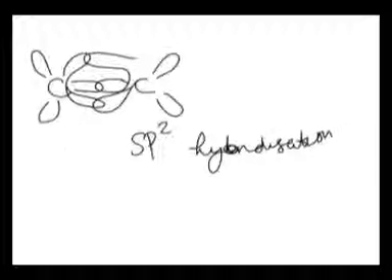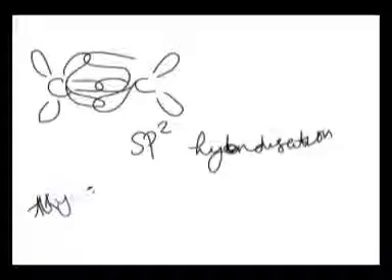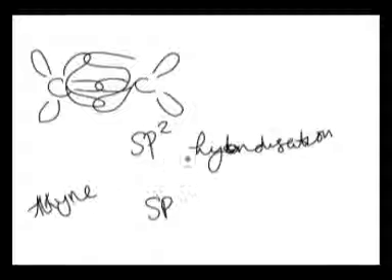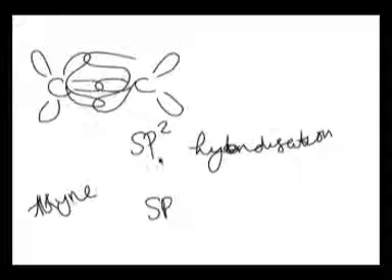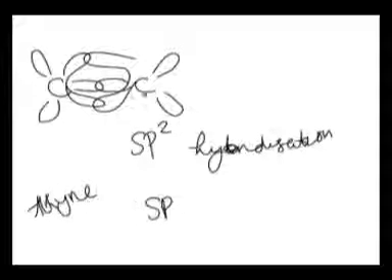And obviously, if there is another double bond formed, so if it's an alkyne, such as ethyne, then you would have sp hybridization, which is pretty much the same, apart from 2 of your p orbitals aren't hybridized, and just the p and just one s are hybridized to form one bond for each hydrogen.